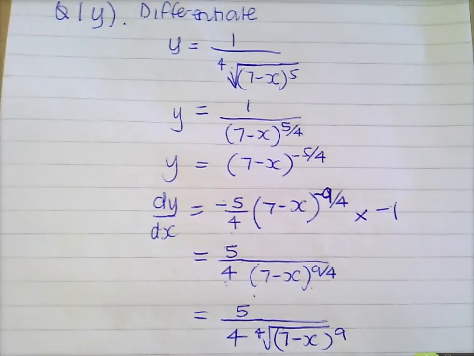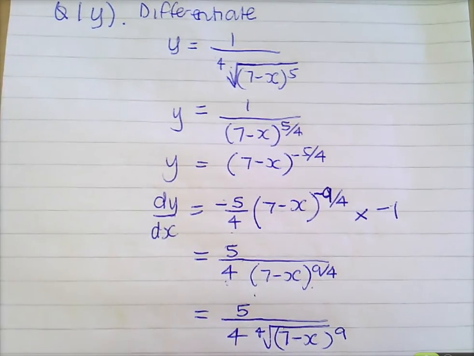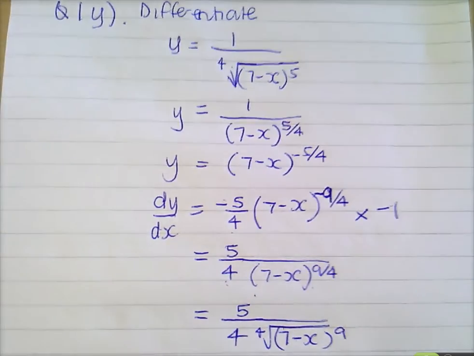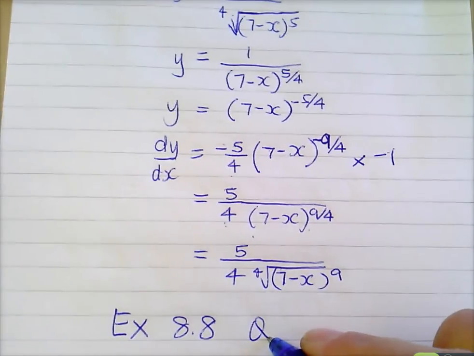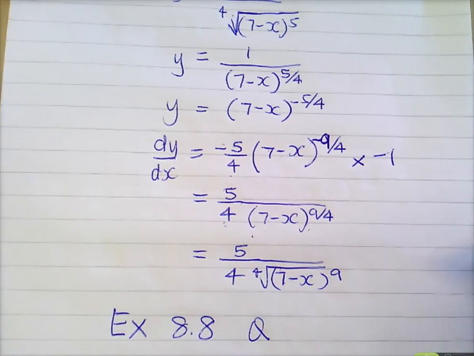Now, we're going to do one question from... Actually, no, I'll get you to do all those others because it's good practice for you. So what you'll be doing for homework so far is exercise 8.8. You can probably just do every second question from question 1, not every one.